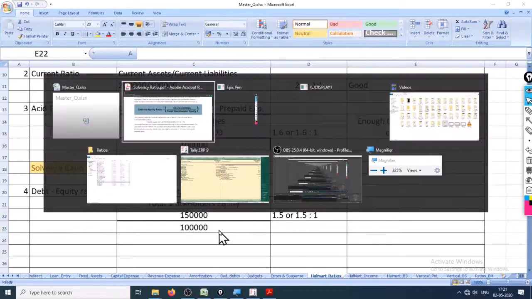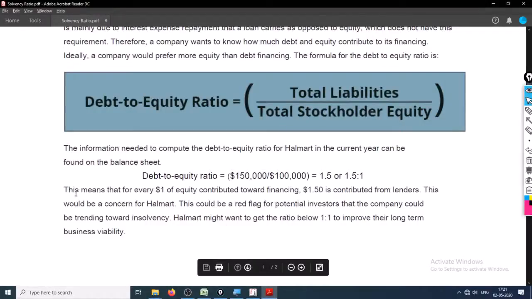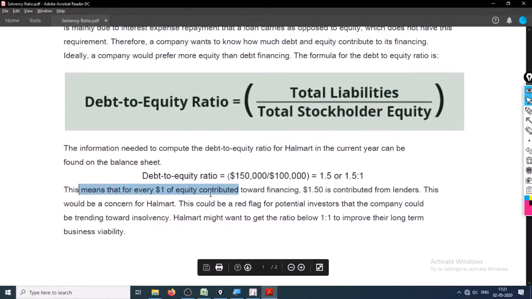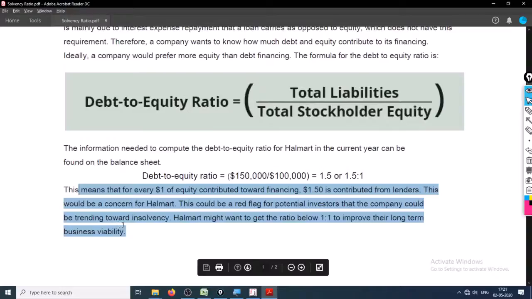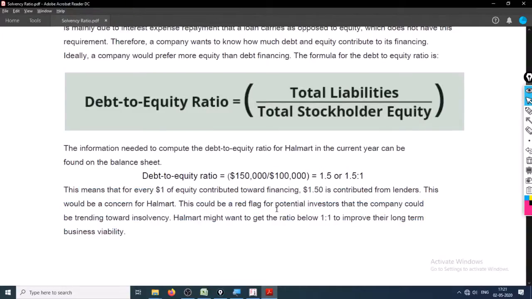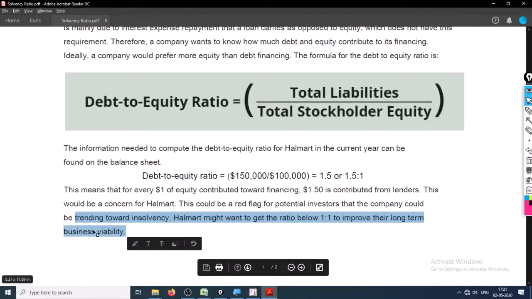And what's the analysis? This means that for every $1 of equity contributed towards financing, 1.50 is contributed from lenders. This would be a concern for Hallmark. This could be a red flag for potential investors that the company could be trending towards insolvency. Hallmark might want to get the ratio below 1:1 to improve their long-term business viability.